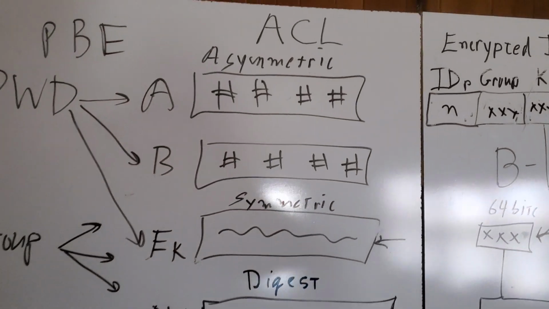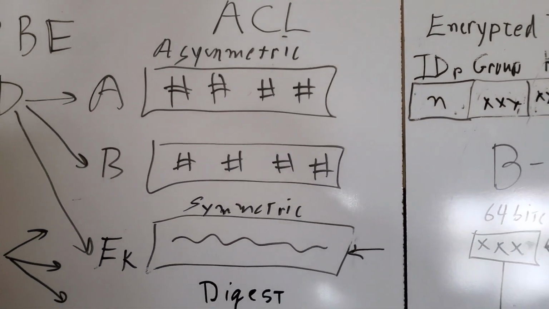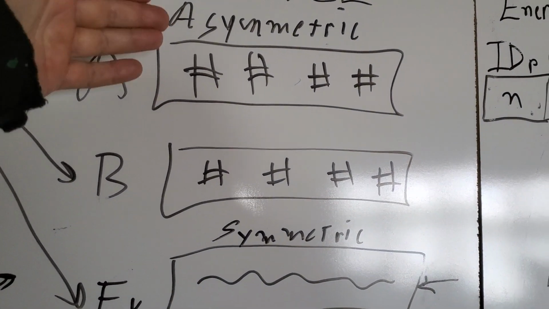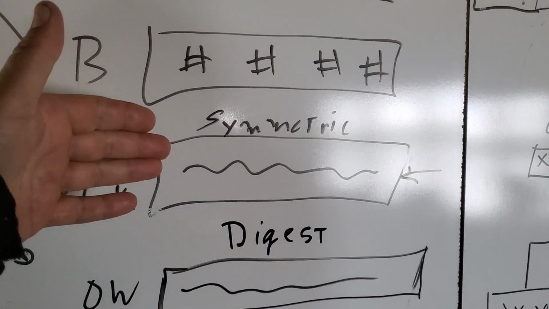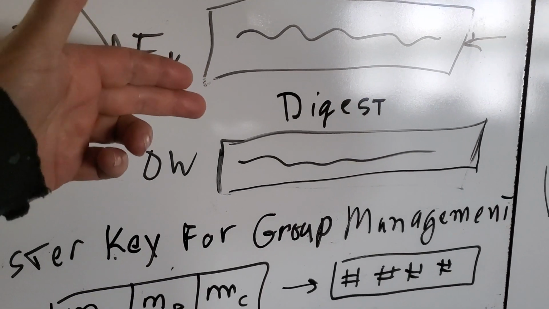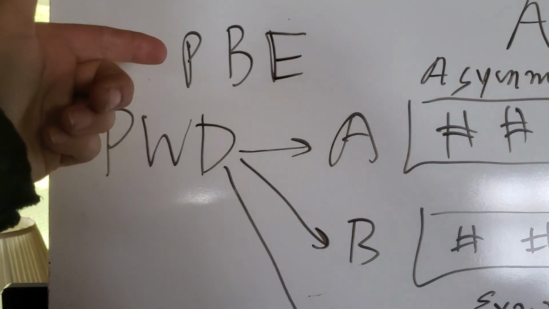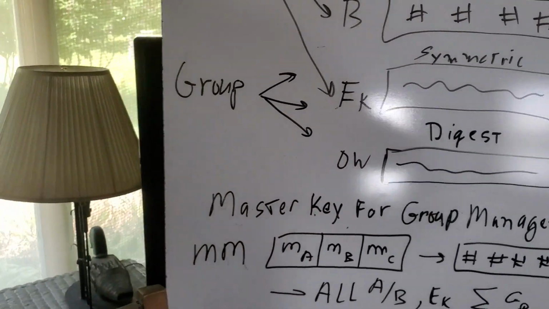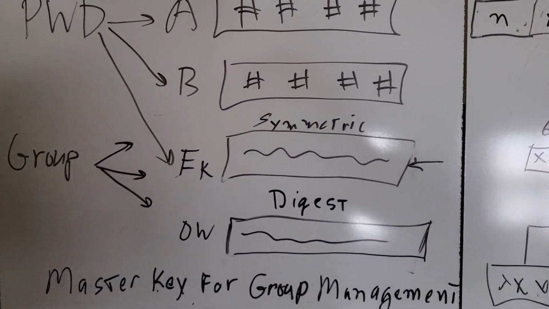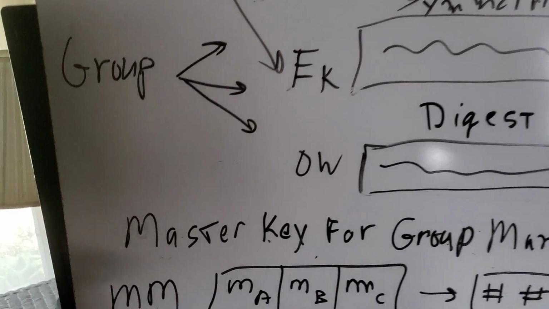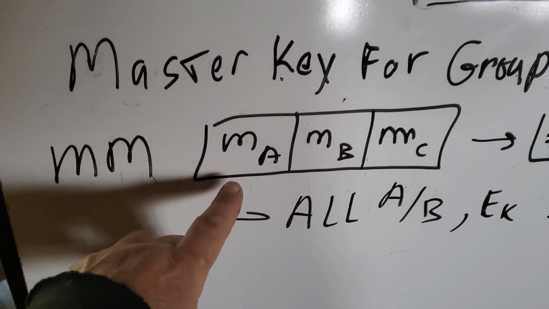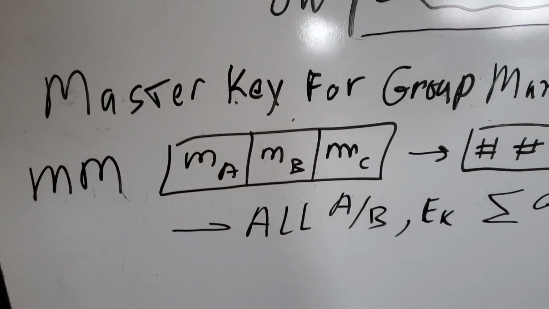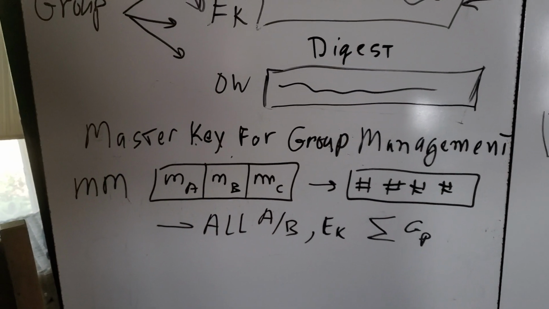So about every aspect of encryption will be used, including asymmetric encryption, symmetric encryption, one-way digests, password-based encryption. And one more trick is combining multiple people's passwords into a compound encryption key.